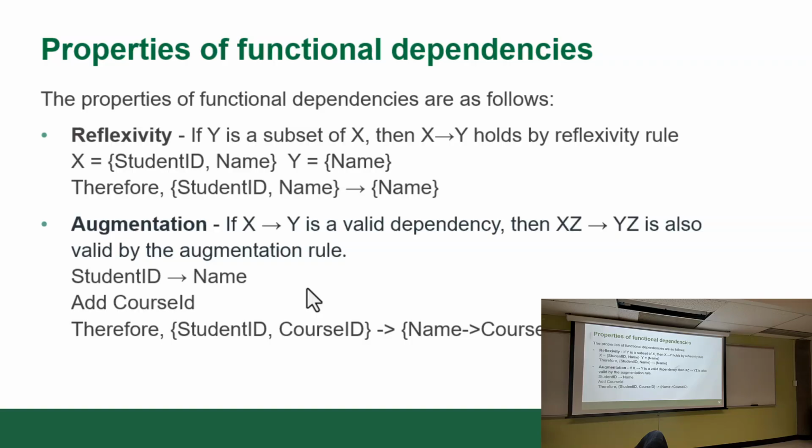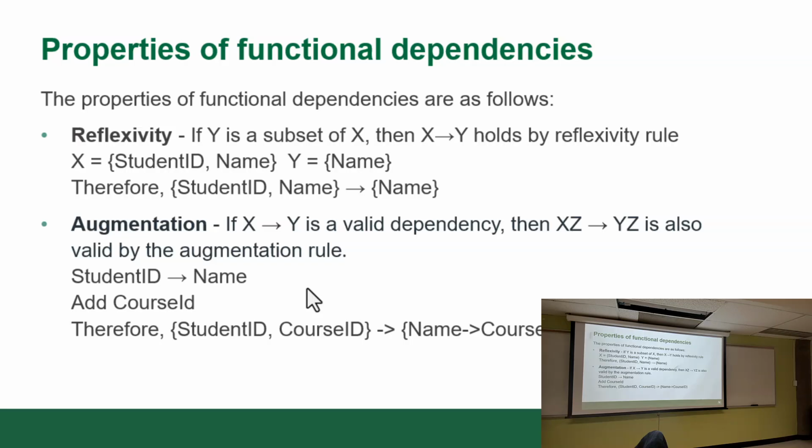If X determines Y, by default all the values of X determine the values of Y. Because Y is dependent on X, all of its properties and values become dependent on X.